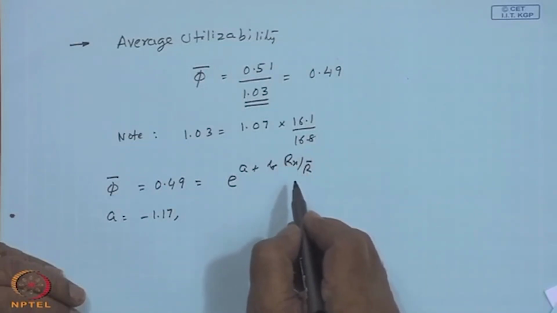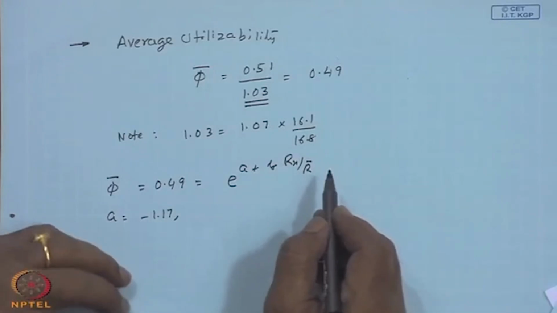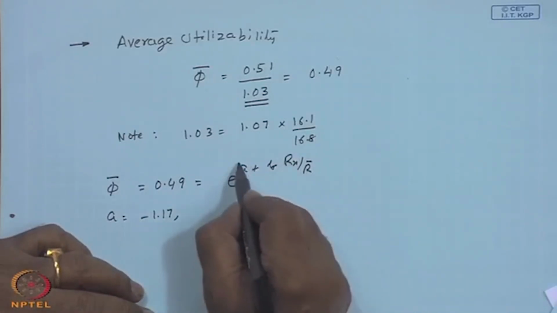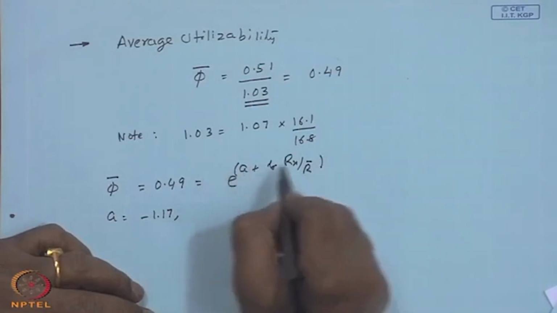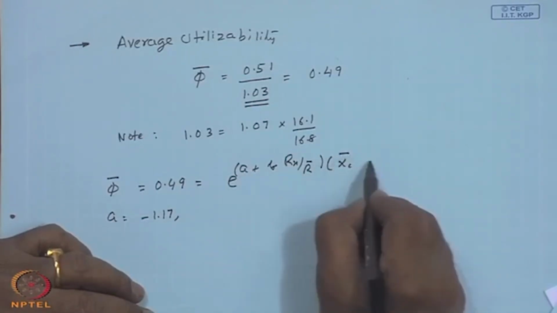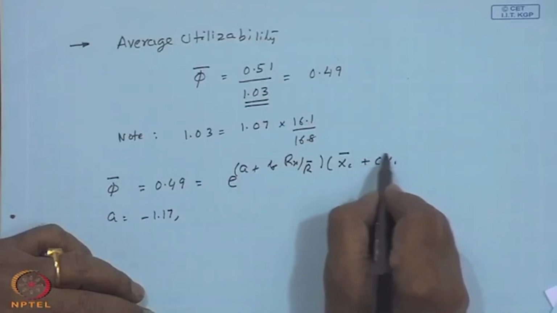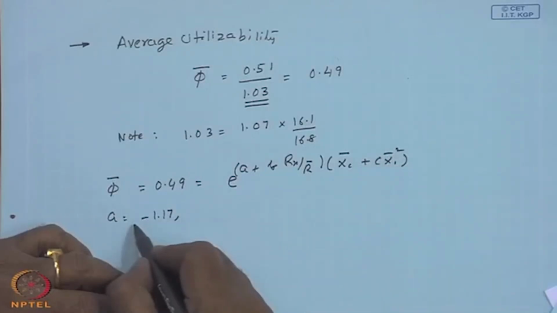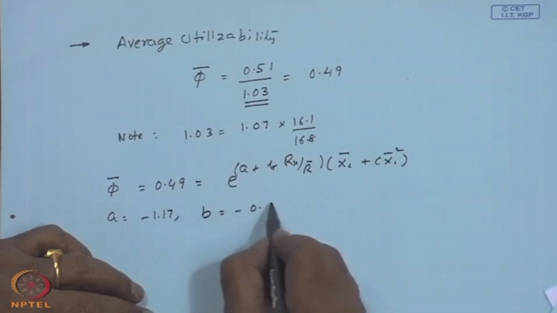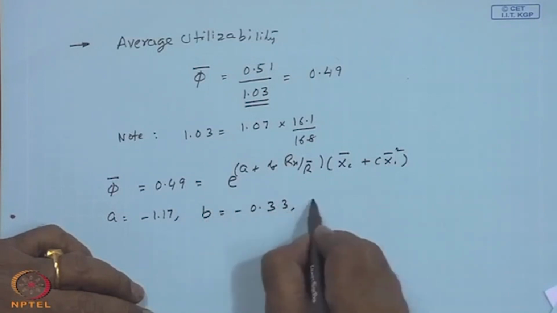Just be cautious, because everywhere else it is written r bar by r n. I picked up the same habit from the textbooks, but the relation is in terms of r n by r bar, x c bar plus C x c bar square, where A is minus 1.17, B is minus 0.33 and C is 0.704.